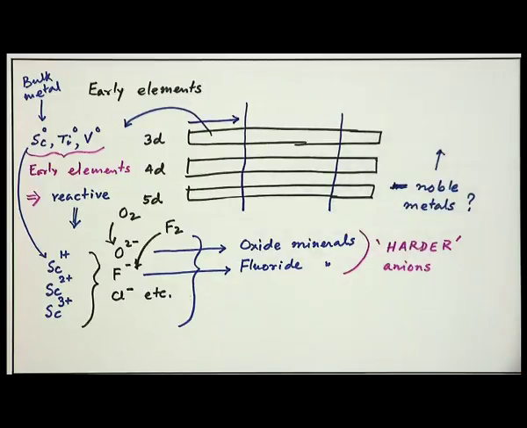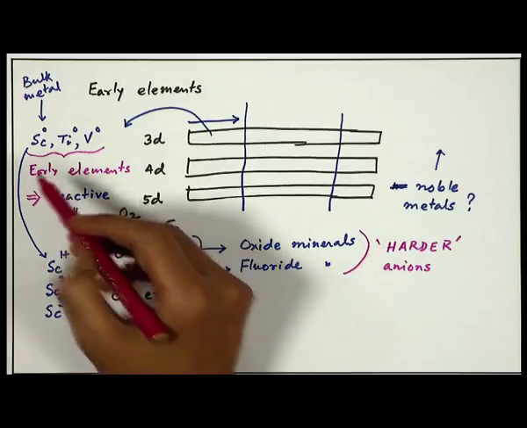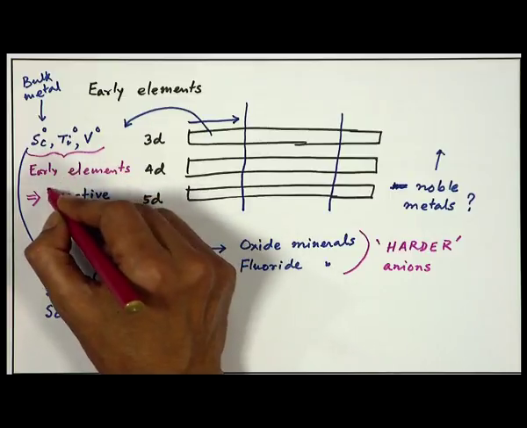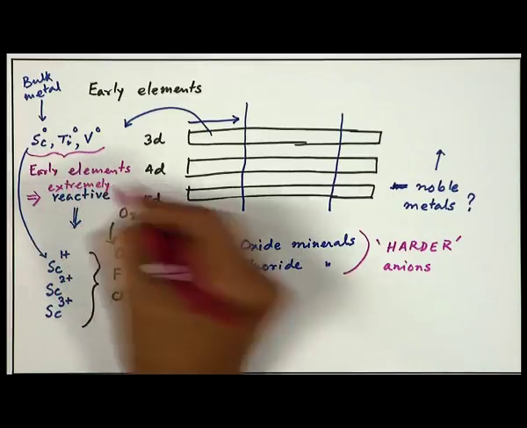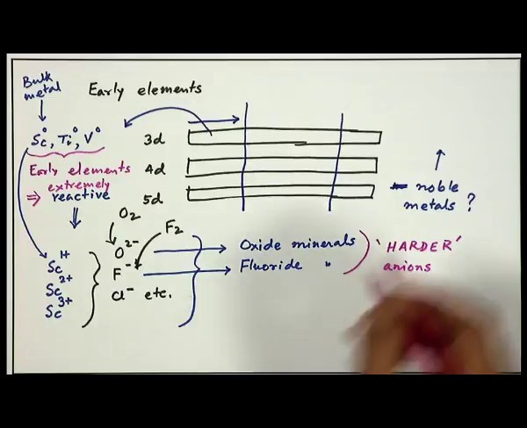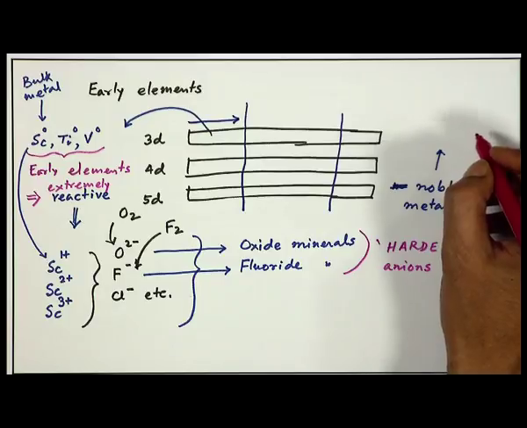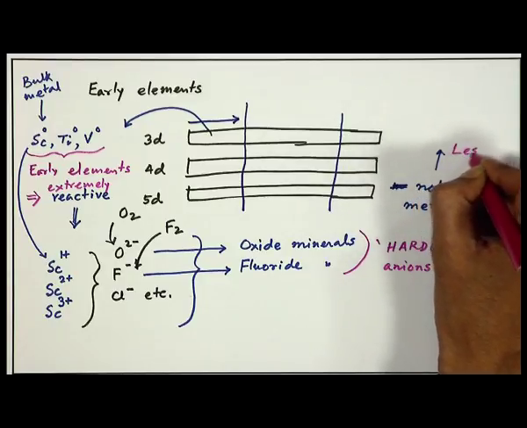Since we are talking about reactivity, the early ones are extremely reactive or highly reactive, which is also a thermodynamic property. So, the thermodynamic quantity which is the reactivity towards oxygen or towards fluorine will also tell us that these noble metals are less reactive.